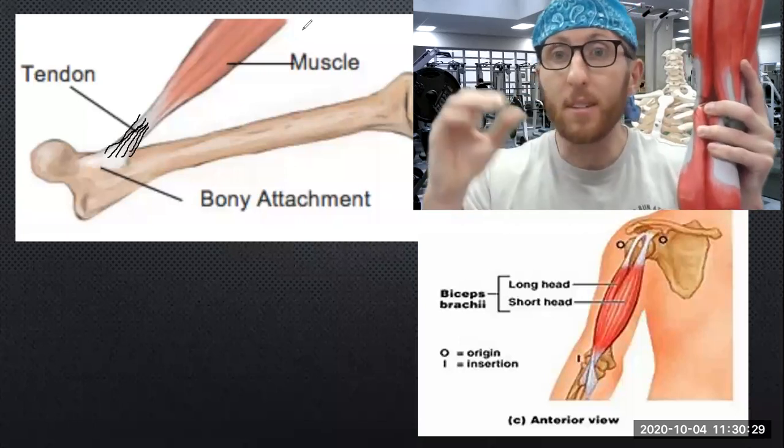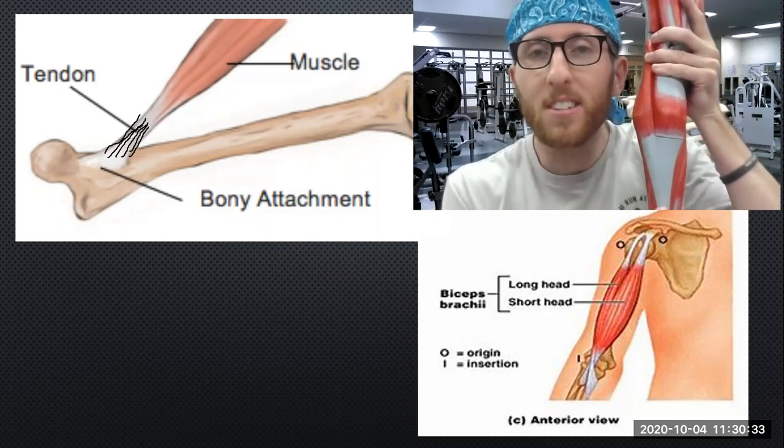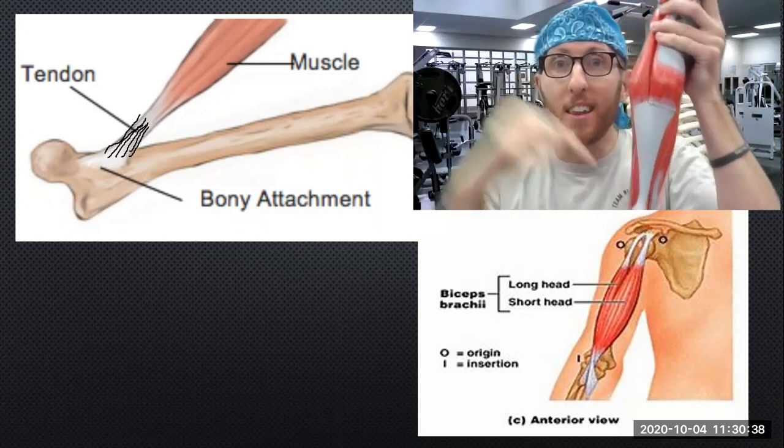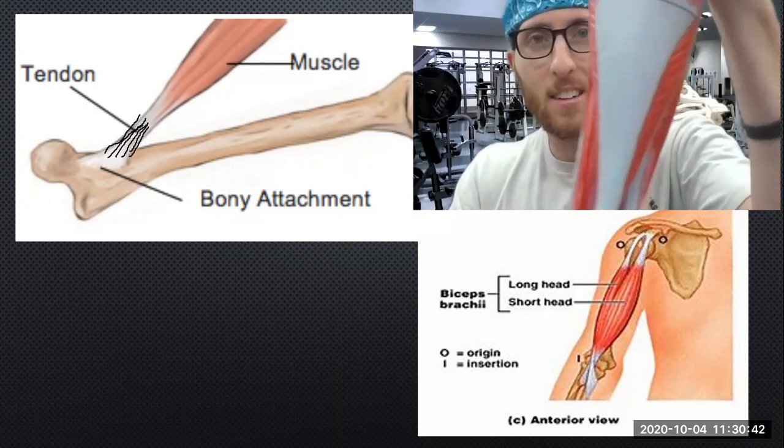Another view of a tendon would be the Achilles tendon, one of the most famous tendons and the strongest tendon in the body. But you know what? Let's dive into this and see what it actually looks like.